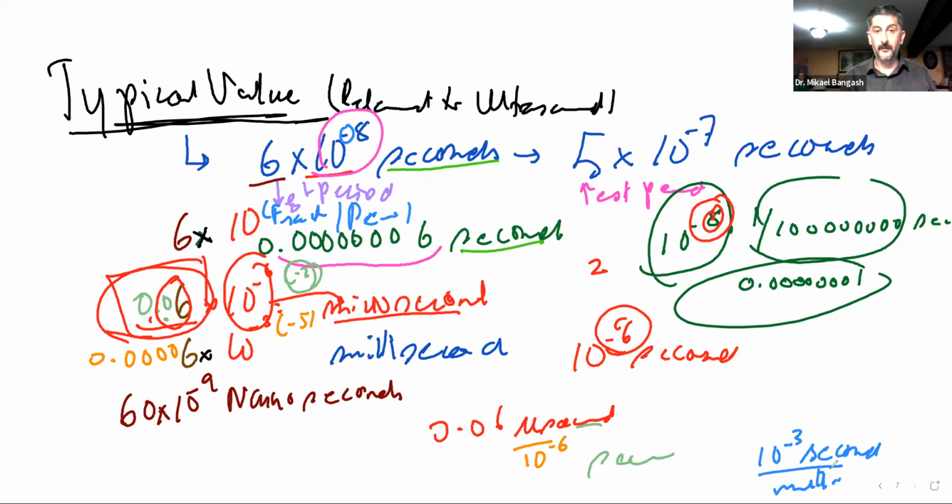But then we just have to add 3 more decimal places to what we already have. So this, as microseconds, now becomes 0.0006 milliseconds, where you can write it as milliseconds, or as 10 raised to the power minus 3 of a second.